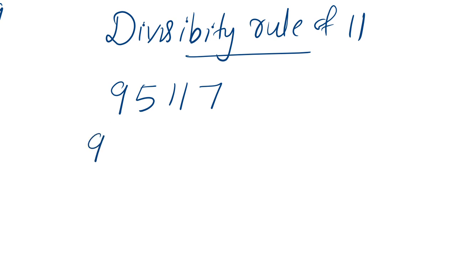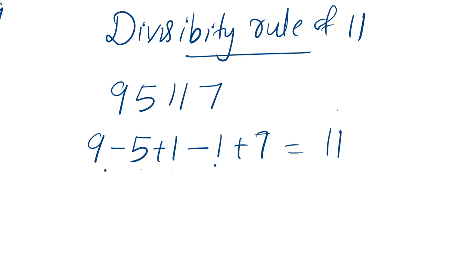First number 9, then subtract, again add, then again subtract, again add. Alternate add, subtract like that. So 9 minus 5 is 4. 4 plus 1 is 5. 5 minus 1 is 4. 4 plus 7 is 11. If this number is either 0 or a multiple of 11, that means this number is divisible by 11.